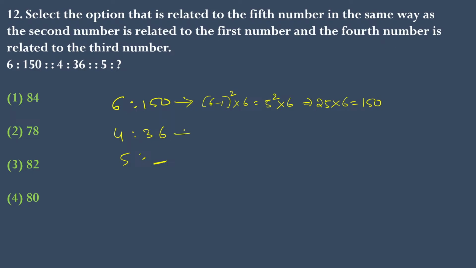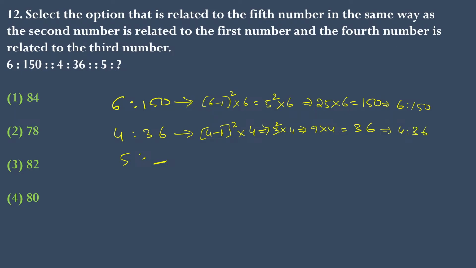Here, 4 minus 1 squared into 4: 4 minus 1 is 3, 3 squared is 9, 9 fours are 36.